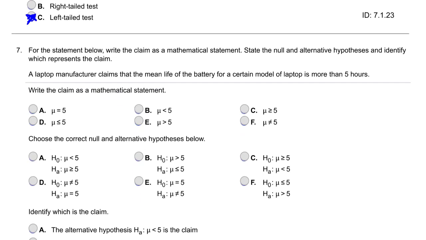All right, so we're going to write the claim, state the null and alternative, and see which one represents the claim. A laptop manufacturer claims the mean battery life for a certain battery is more than 5 hours. So the mean is more than 5. That's the claim written as a mathematical statement.